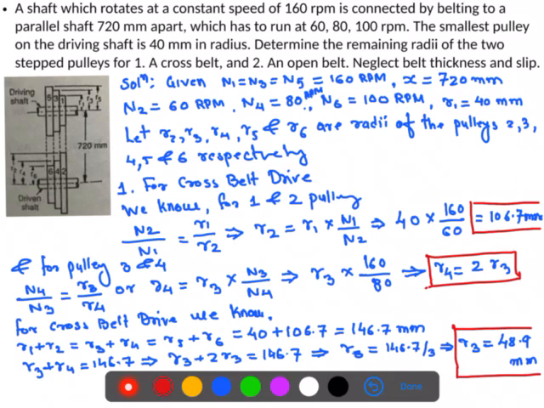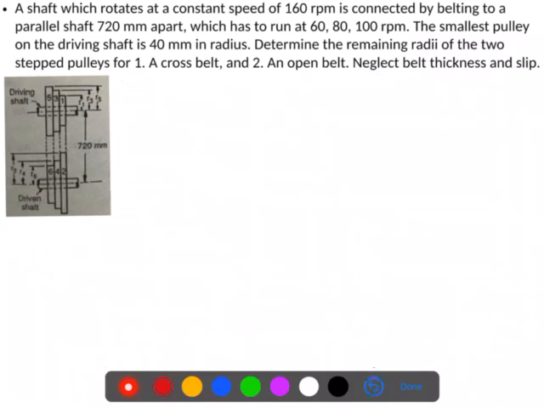Similarly, we will consider the combination of pulleys R5 and R6. So for releasing the space, I will clear all this, and now we will consider pulley 5 and 6.